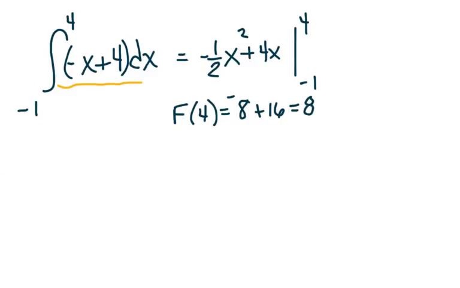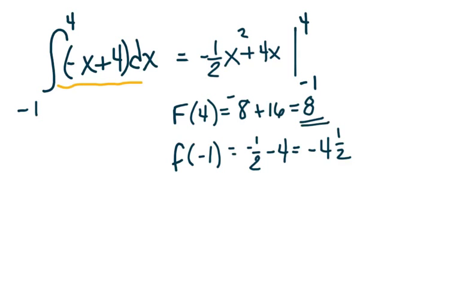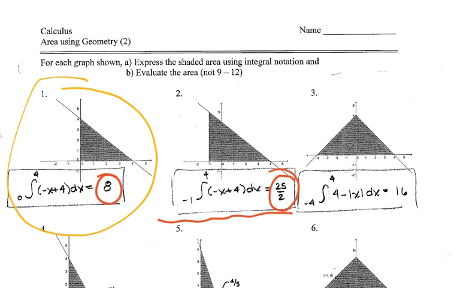So let's see how that f of negative 1 comes into play. If we plug negative 1 in, square it, you get 1 times negative 1/2, which is negative 1/2, minus 4, which is negative 4.5. Now let's think about it. We have an 8 and we have a negative 4.5. And the answer comes out to be 25 halves.